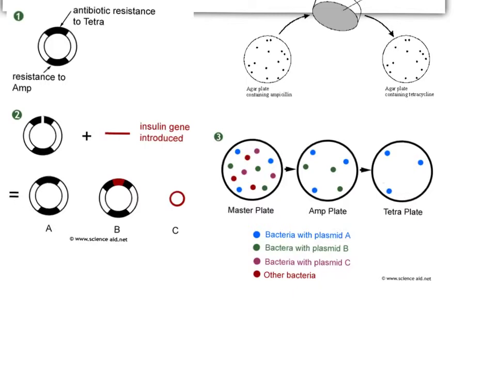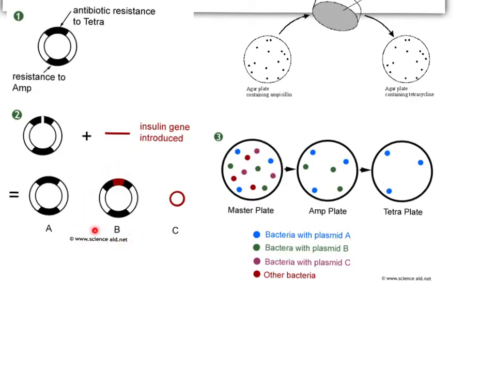And what we would find is that we would have different types of bacteria growing on this plate. We could have bacteria which has plasmid A, so the blue ones here have this plasmid, and would be resistant to both ampicillin and tetracycline. The green ones, which are B, would have our target plasmid. That's what we want. We want plasmids like this in our bacteria.